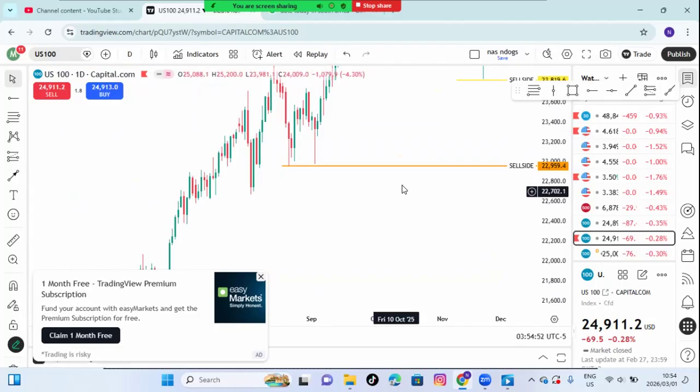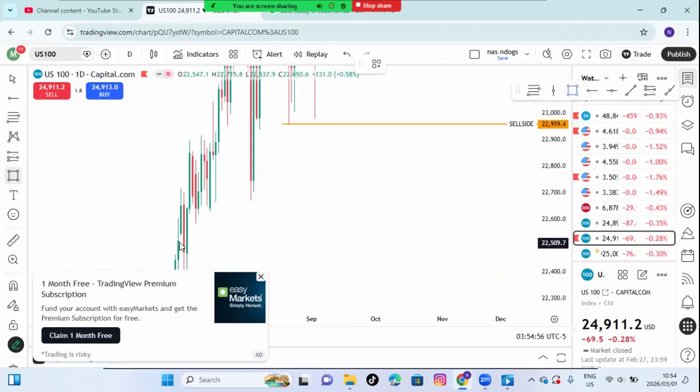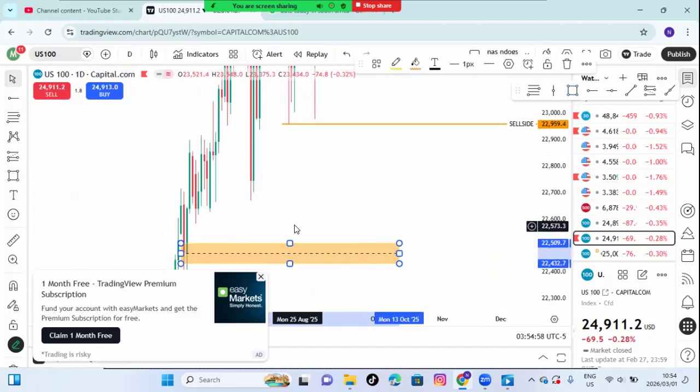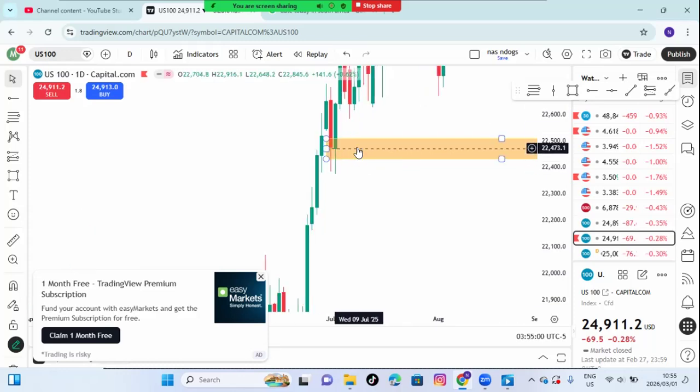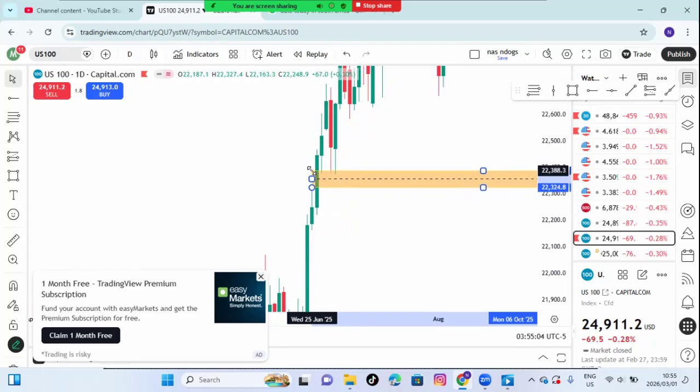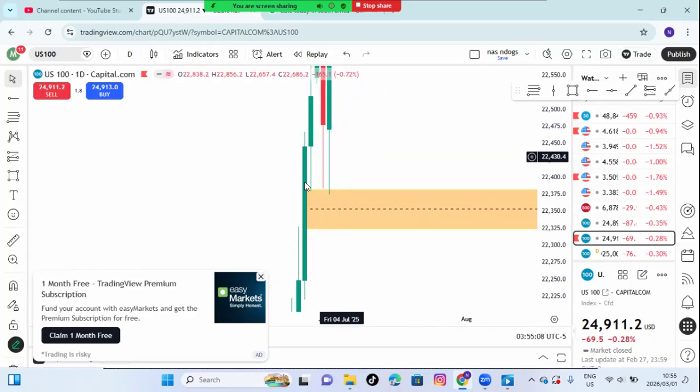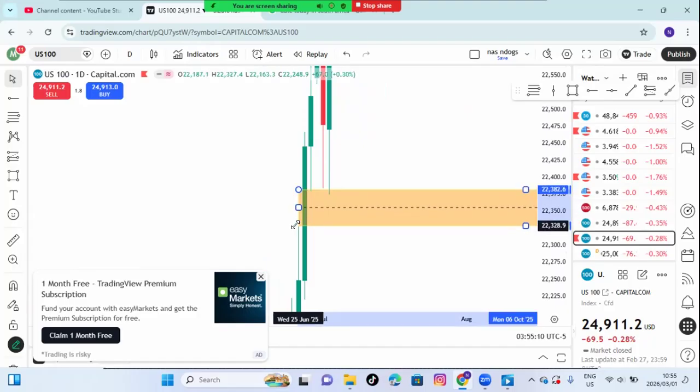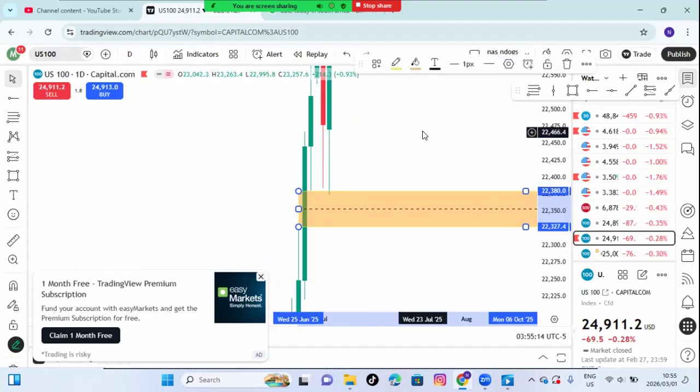And then here we have a high probability fair value gap. Let me just go in there. Where is it? The fair value gap. There we go. Let me zoom in. As you can see, this is the fair value gap here.